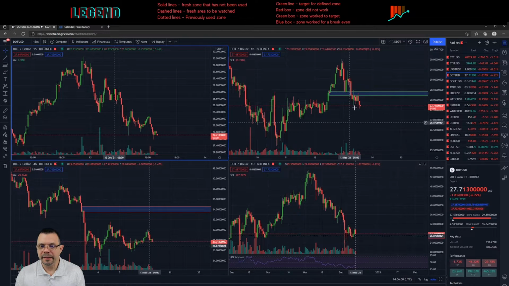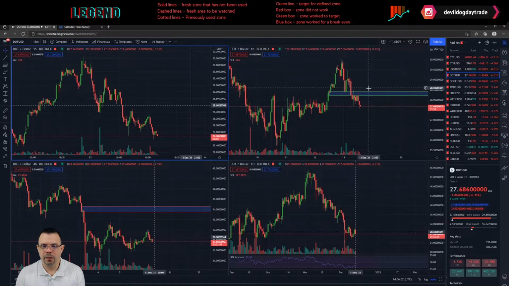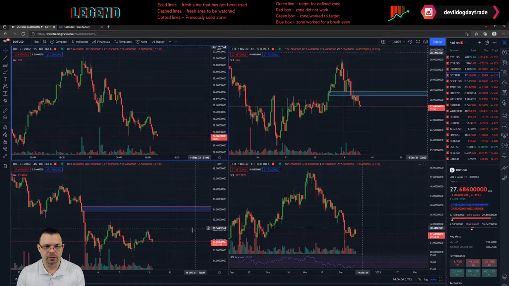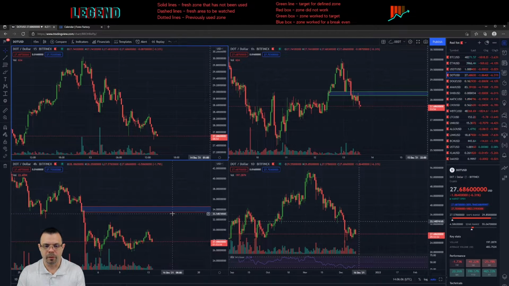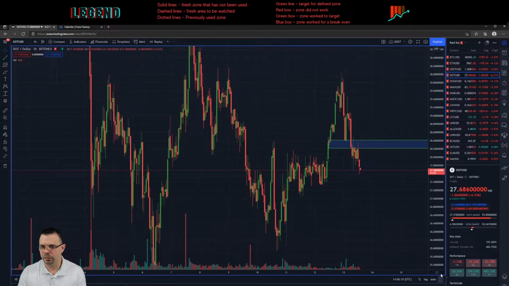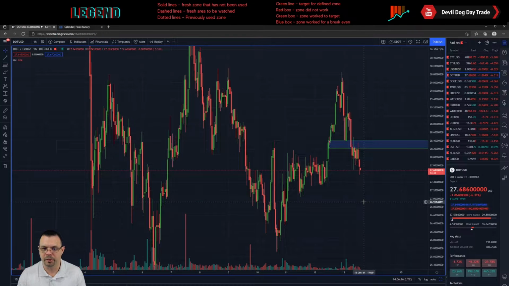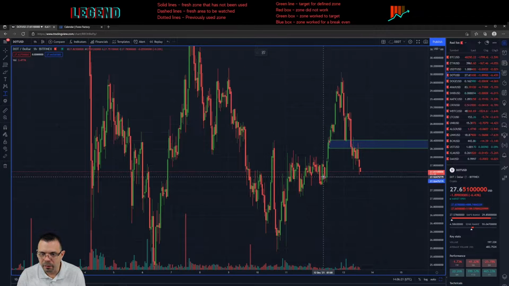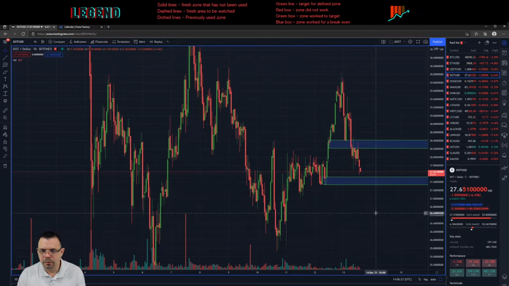So for DOT, there are no other zones here. On the 240-minute chart, we've got one way above at 34 that we're interested in. On a 60-minute chart, though, I'll blow this one up for you. That one did come back down last night, worked out very, very well for us, and then, of course, kept coming back down. And I actually do have another zone right here that we're interested in as well, right?